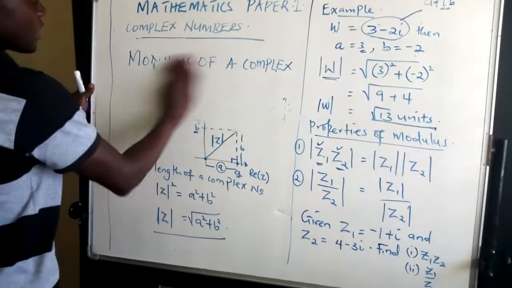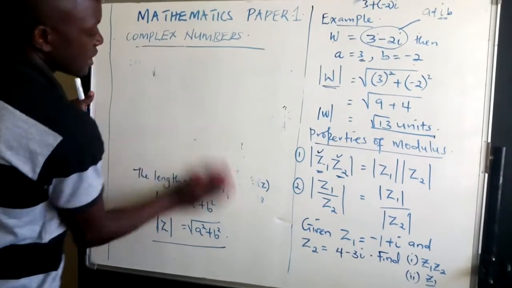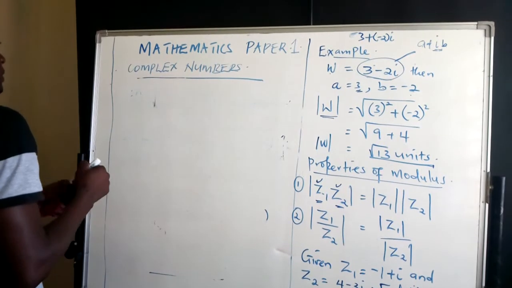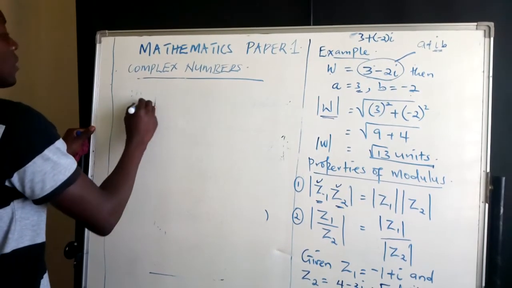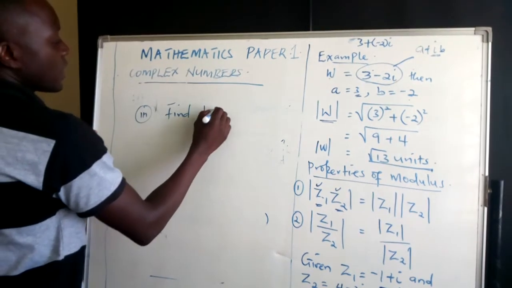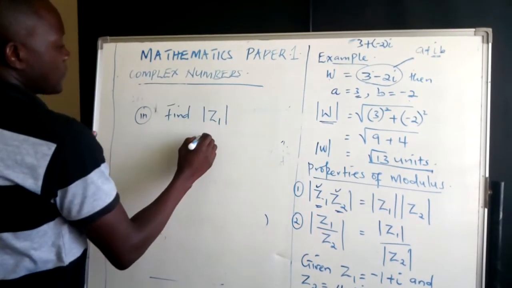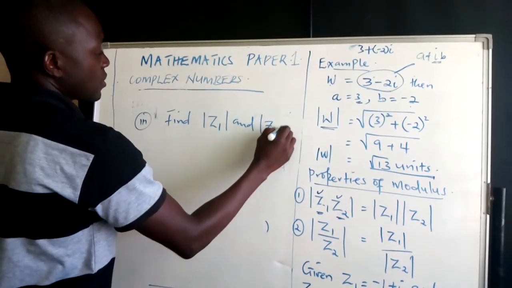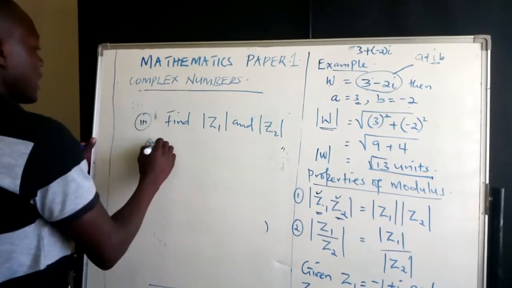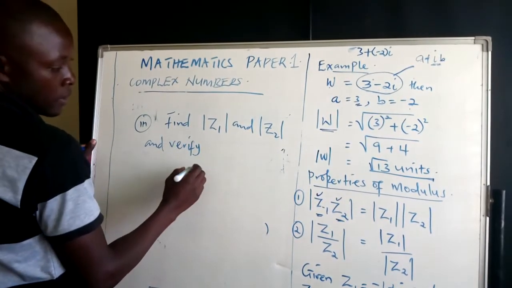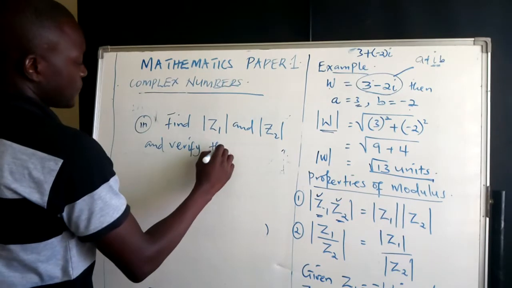That is Roman number 3 of the exercise that I want you to try out: find modulus z1 and modulus z2 and verify the above properties.